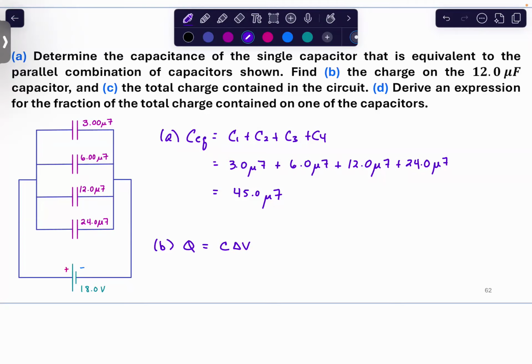Yeah, so why? Because it's what? In particular, why do you know that it's the same voltage for each one? It's in parallel, so they all have the same voltage. So that's going to be what we have, the 12.